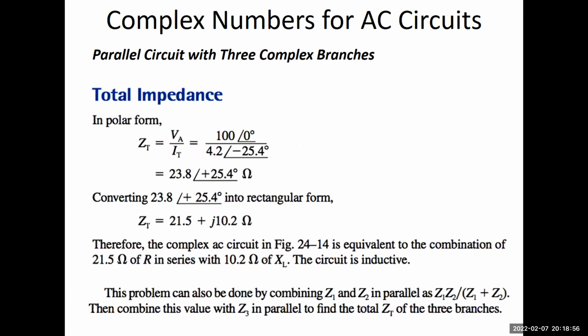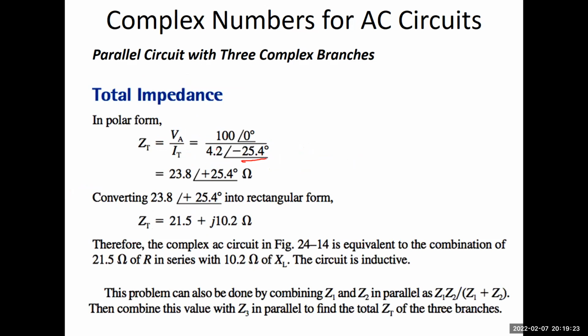So this is how you get the total impedance in polar form. VA is 100 with 0 degrees, and the total current, converted from rectangular form to polar form, is 4.2 with a negative 25.4 phase angle.